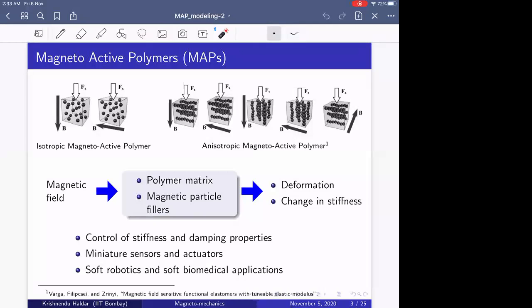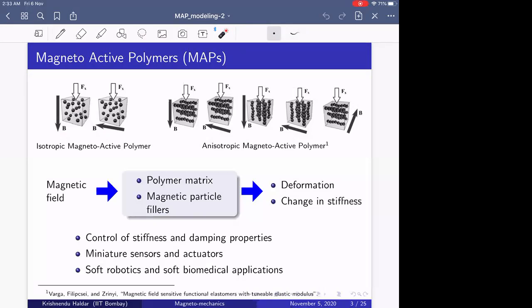So when you apply a magnetic field, all the magnetic particles get magnetized and they try to be aligned with the applied magnetic field. For this case, B here, or you can apply the field along this direction.